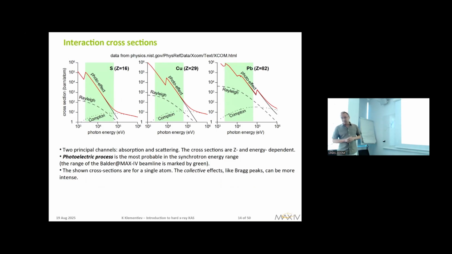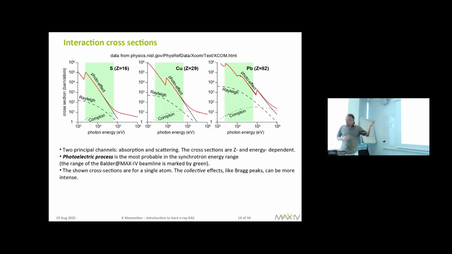You see there are 3 main interaction channels: photo effect, which is the highest, then Rayleigh, which is elastic scattering, and Compton, inelastic scattering. And the red curve is the sum of all 3. By green, I select the energy range of our beamline. And you see within the range of this beamline, photo effect is always the highest among the 3.